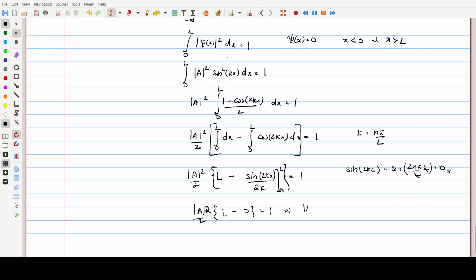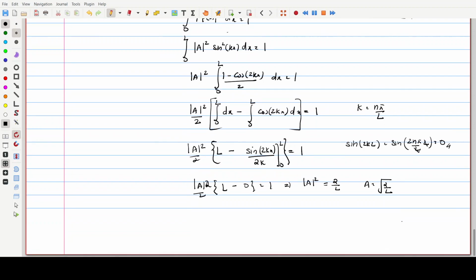So this implies mod A squared must be equal to 2 by L, or A must be equal to square root of 2 by L. So we have got the value of the constant A. This constant A is usually called the normalization constant.